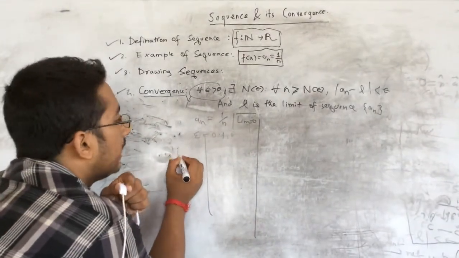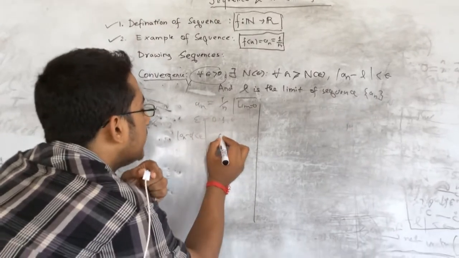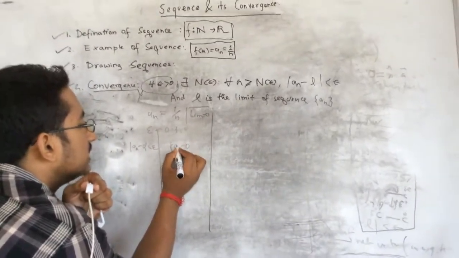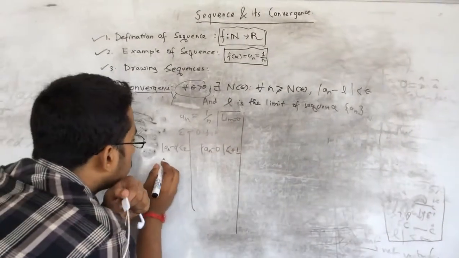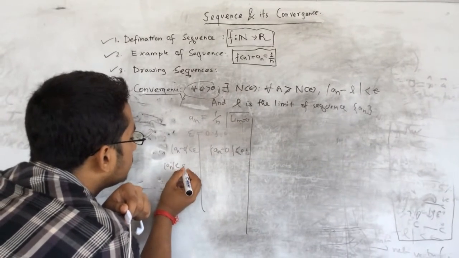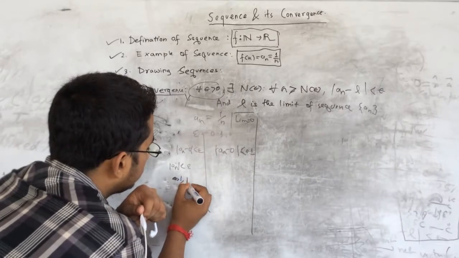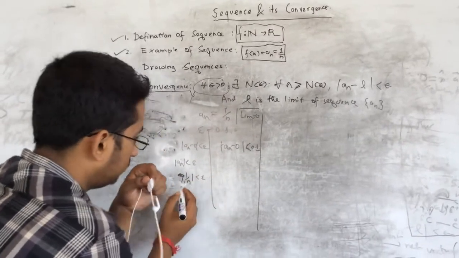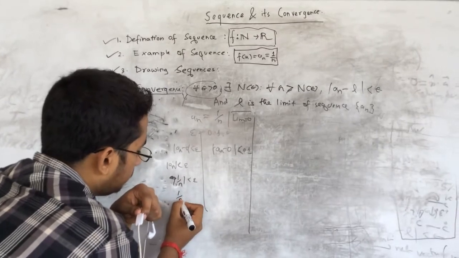So |1/n minus 0| is less than epsilon, and here |1/n minus 0| is less than 0.1. So here the modulus of 1/n is less than epsilon. n is positive, so we remove the modulus sign.